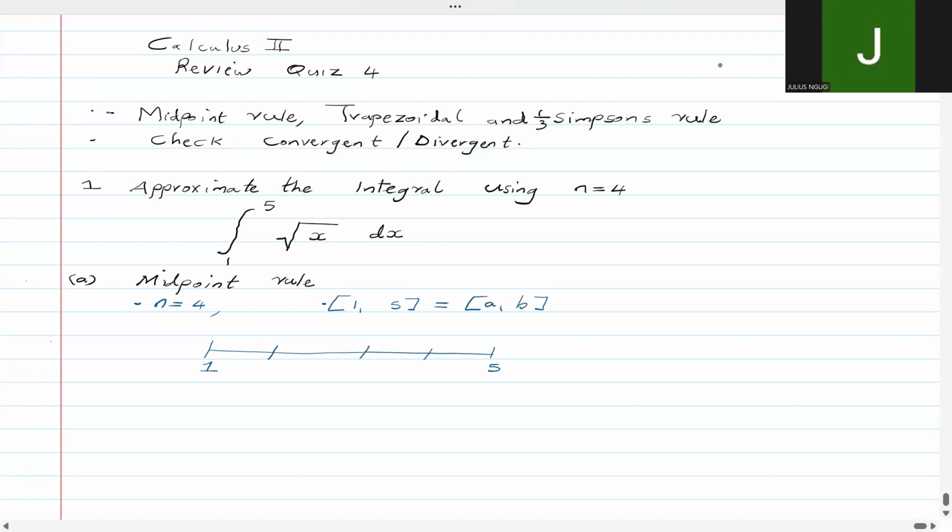For the rectangles, to know the spacing from one point to the next, we need to get the grid points. So we need to find the spacing, or the length. The length, denoted as delta x, equals b minus a divided by n.